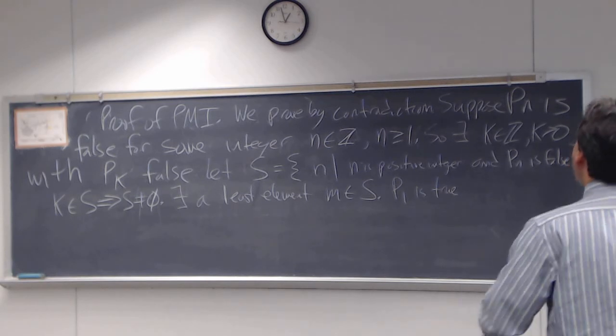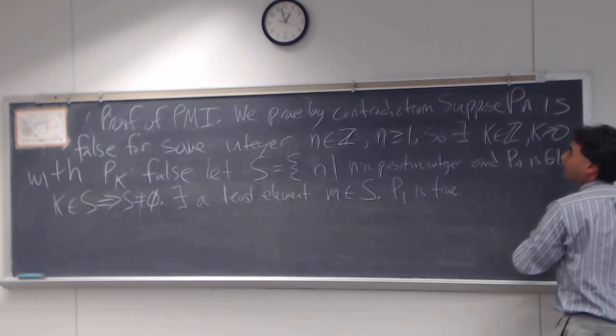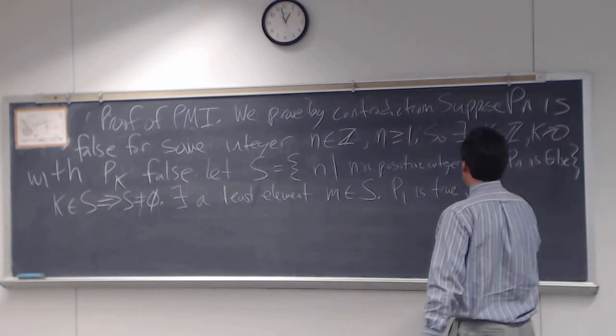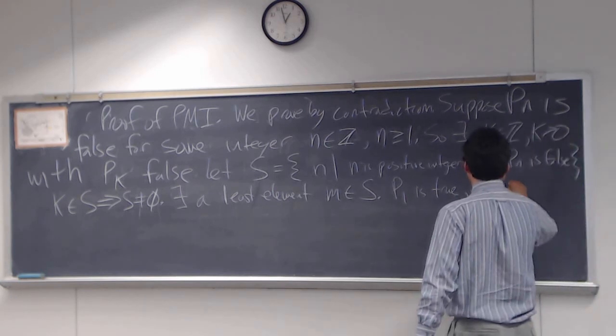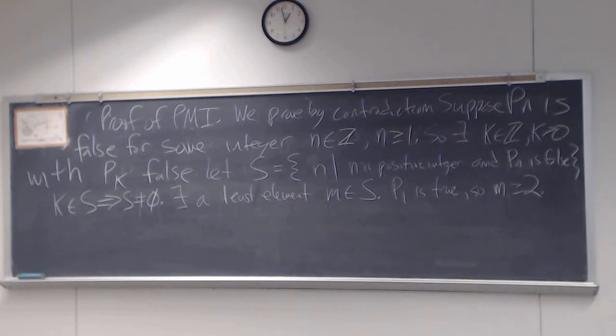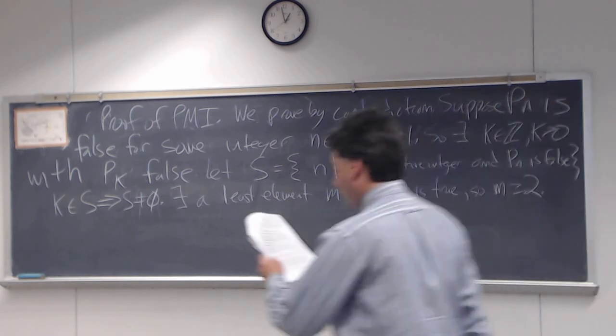The conclusion we want is Pn is true for every integer n. So what we do is we assume it's false. P1 is true, so I think that means m has to be greater than 1, because Pm is false. So m can't be 1, because that's not false. m has got to be greater than or equal to 2.